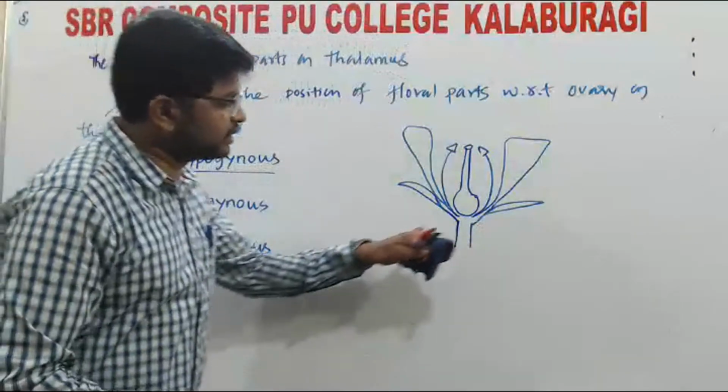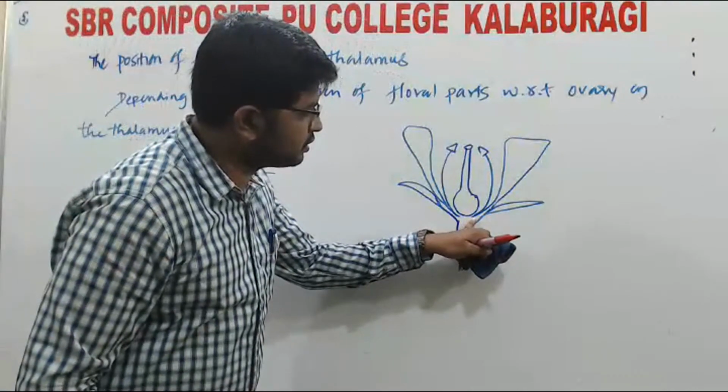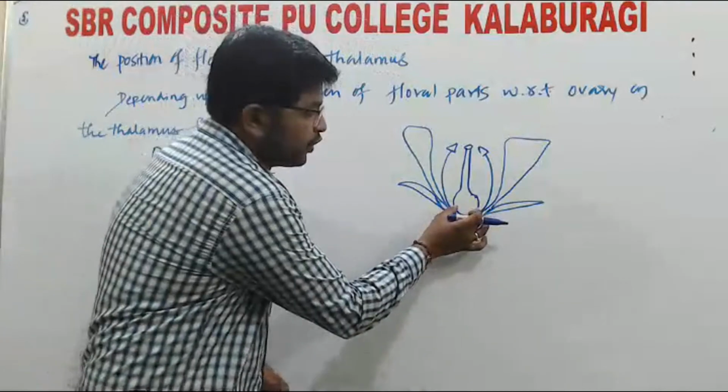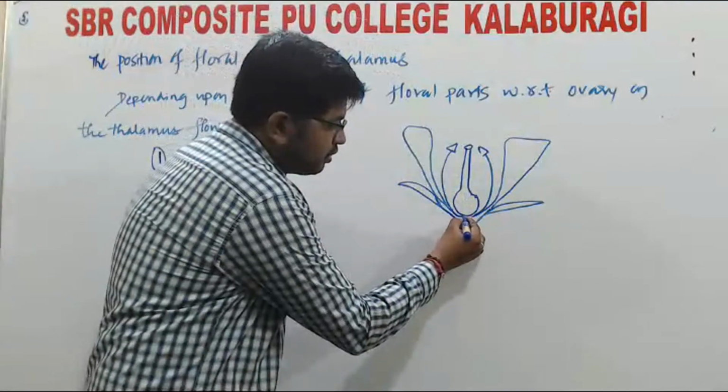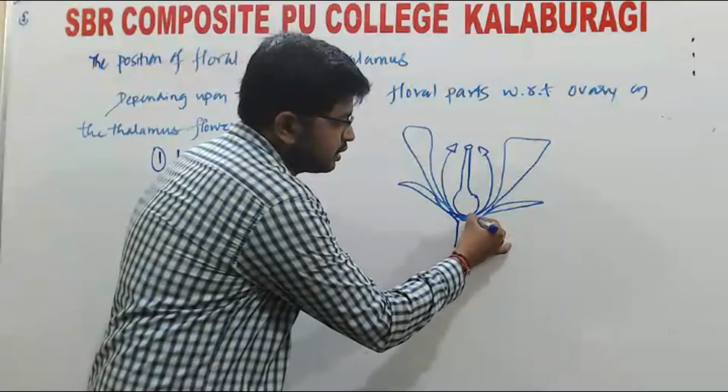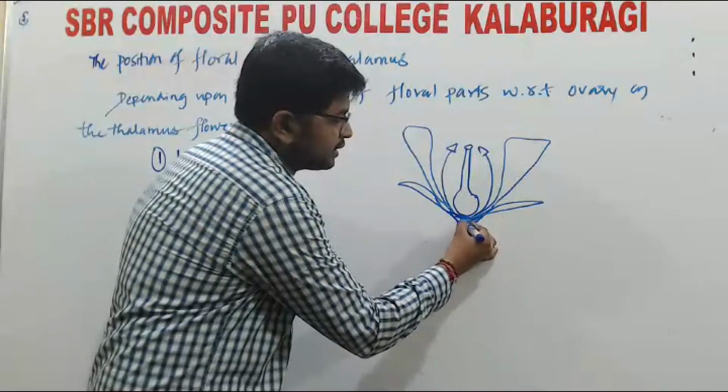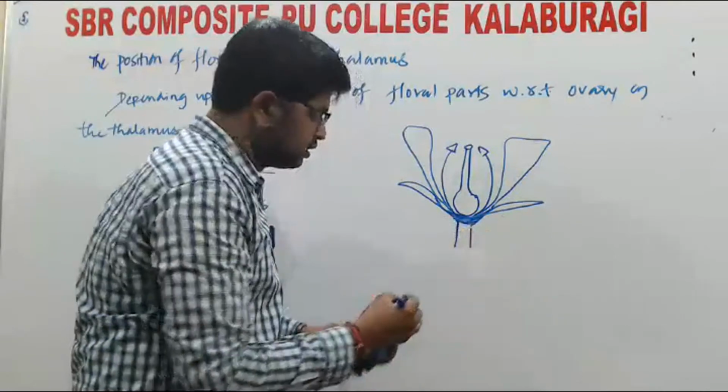Right here you can see all the floral parts are below the ovary, right? Here this is the thalamus, the swollen part of the pedicel. This is the thalamus.